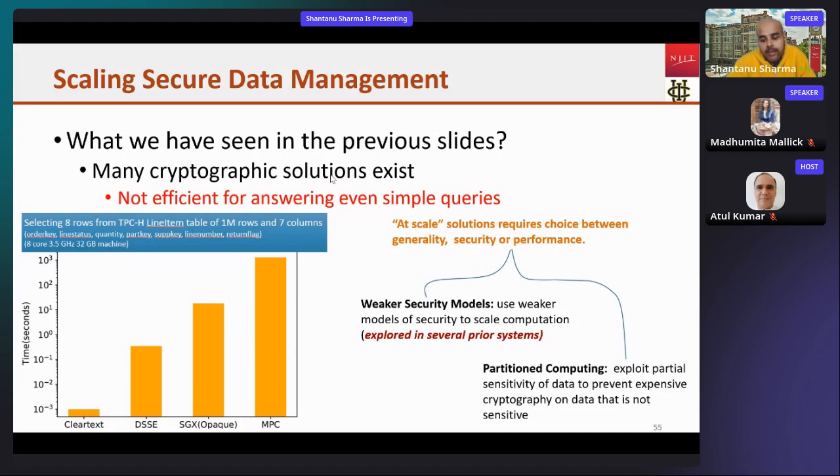If we can partition our data into two parts, sensitive and non-sensitive, then we can definitely scale our computation, because now we need to execute the encryption based techniques, secret sharing based techniques, or SGX based processing only over the sensitive data, not over the entire data set. And once the database size is reduced, we will not pay too much overhead for executing the cryptographic techniques.